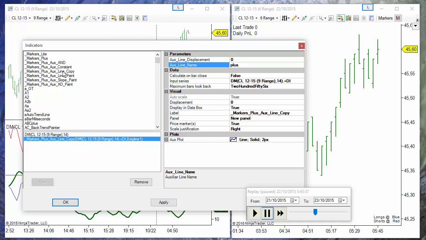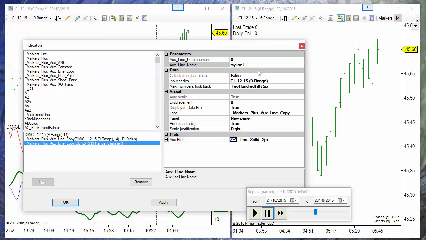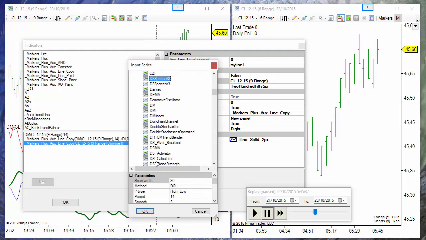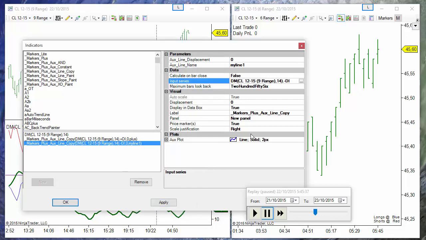And then I'm going to copy the red line. It is also the same indicator, the DM, but with the other line, the negative, minus DL.